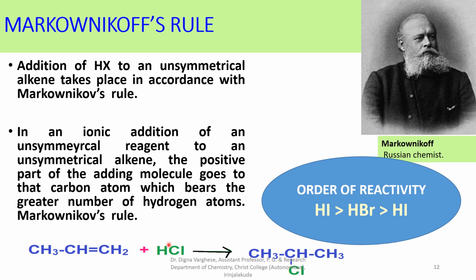The negative side of the molecule, that is the chloride ion, will attach to that carbon atom which contains fewer hydrogen atoms. Here you can see the chlorine atom attached to the CH carbon atom. So this type of addition takes place in accordance with Markovnikov's rule.